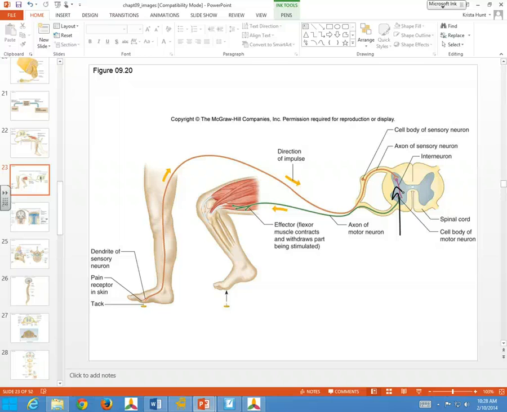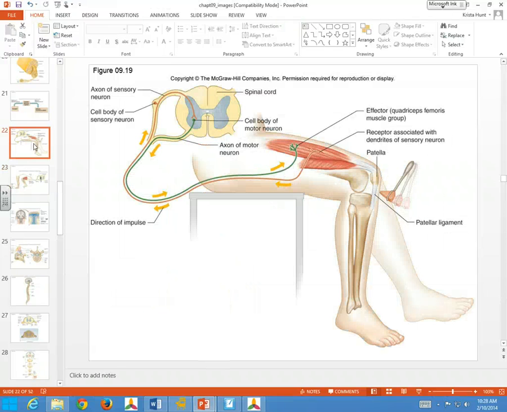Yes, ma'am. This is the withdrawal reflex. Yep. So that's your withdrawal. No, they're all going straight through. No, you can say patellar reflex. You're specifically talking about that one reflex.